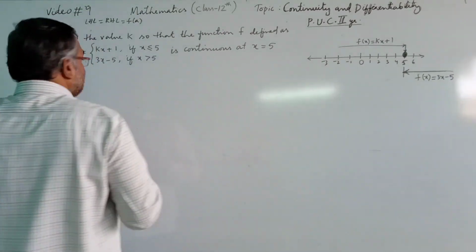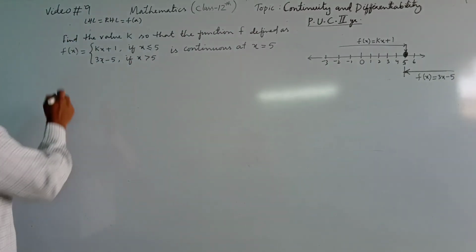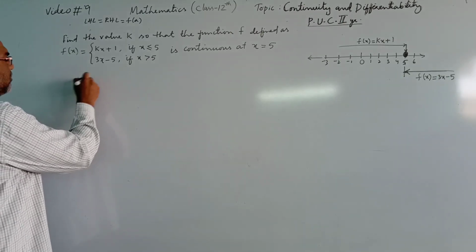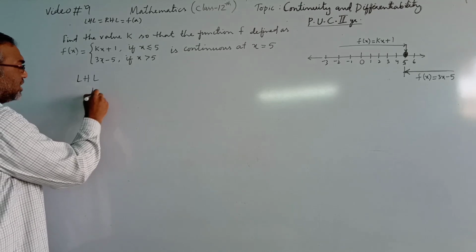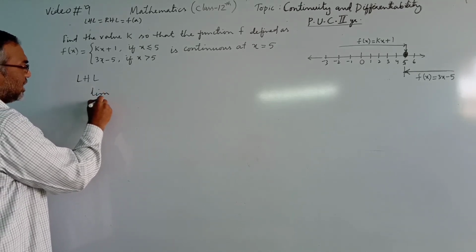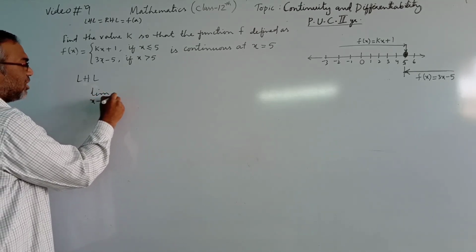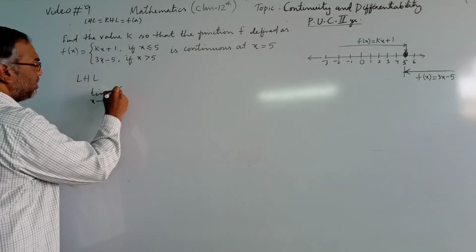Now let's find LHL and RHL. Let's find LHL first: the limit as x approaches 5 from the left of the given function.